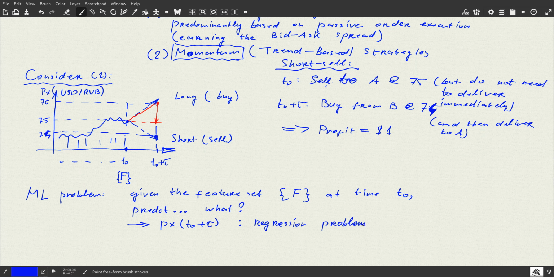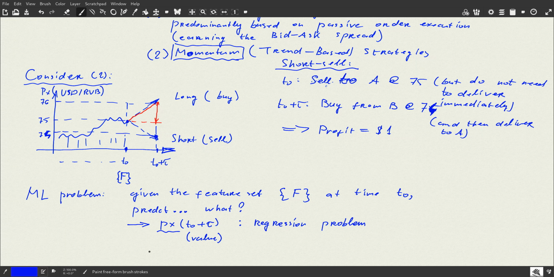And indeed, it can be done by mathematical machinery of linear or nonlinear prediction. So the outcome of our learning is the regressed value of price at time t0 plus 2.